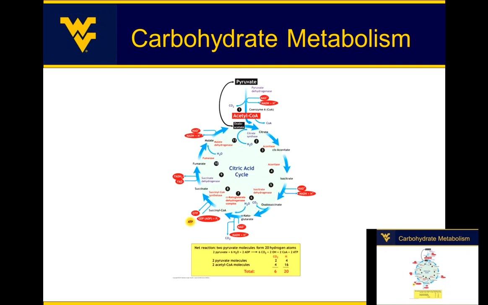So we form 2 of these, right, for every glucose molecule. Now, this is a very busy slide, and you obviously probably don't have to know this now. I don't know if your chemistry teachers are going to make you know it, but notice that pyruvate becomes decarboxylated, or you take one of the 3 carbons off, you form CO2, and you form the 2-carbon acetyl-CoA molecule.